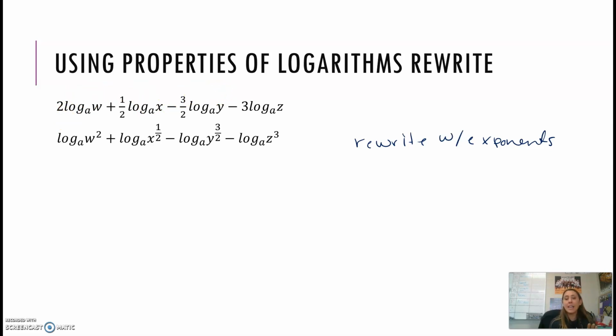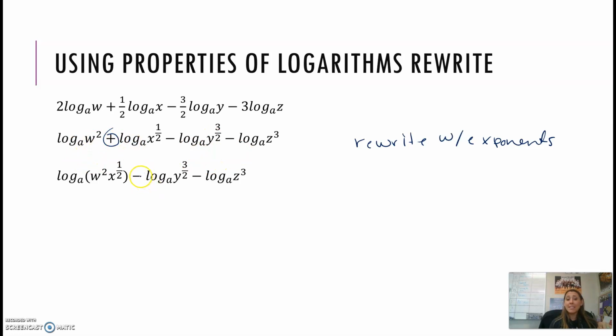Then the next thing I want to do is rewrite using properties, but I'm going to start looking at it left to right. I know that I have addition right here. Addition is the product rule, so the product rule means that I'm going to do multiplication. Notice that I still write the minus sign because I didn't do anything with those; I only took care of those.